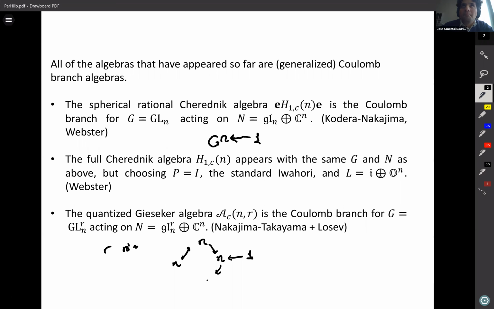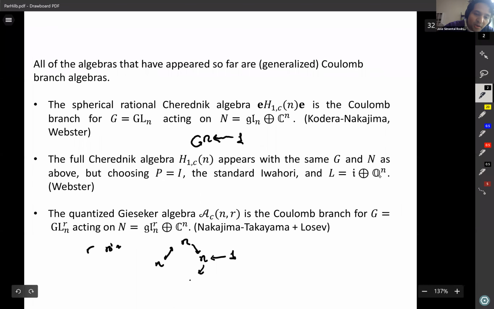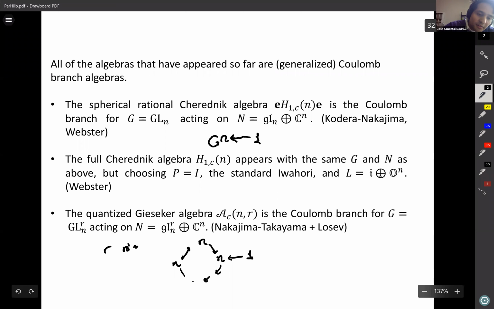So this is like a symplectic dual description of the algebra. So I guess I should put more arrows here. This is the cyclic quiver with R vertices. So all the algebras that we have turn out to be Coulomb branch algebras.